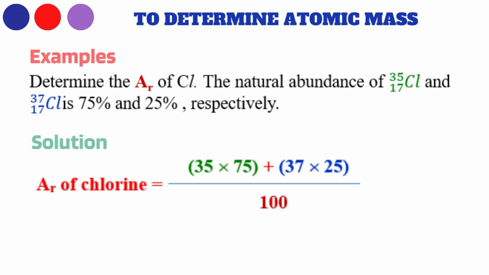Here, the natural abundance of chlorine 35 is 75%, so it is multiplied by 75, while the natural abundance of chlorine 37 is 25%, so it is multiplied by 25. Both of these are added together, then divided by 100. So finally we got the result, that is 35.5. AMU is the unit that is used for the relative atomic mass of an element.